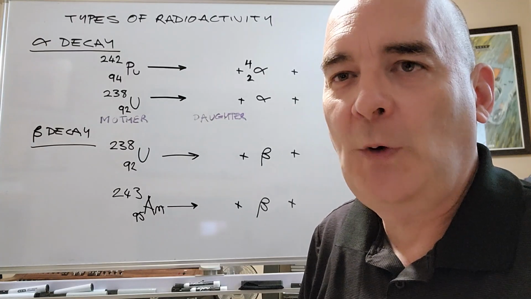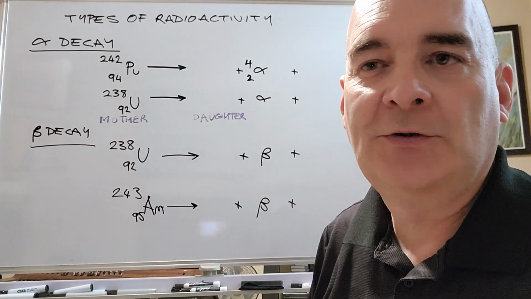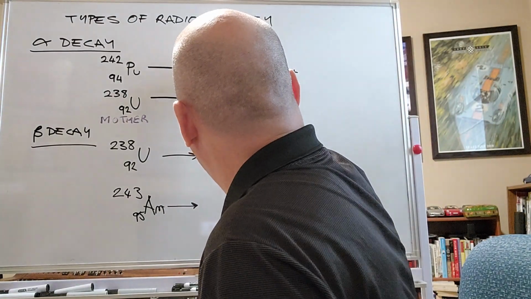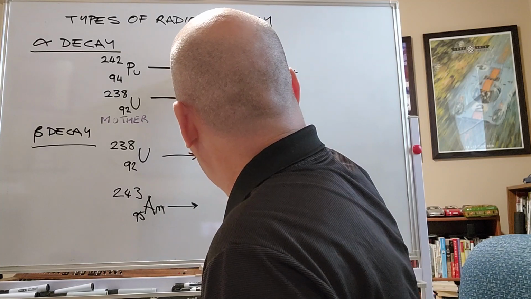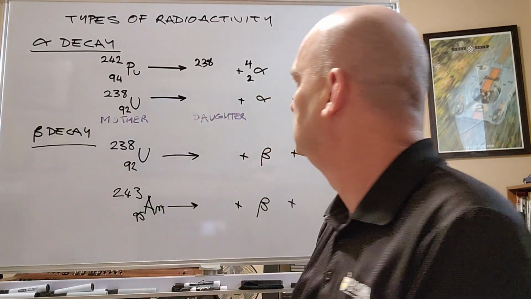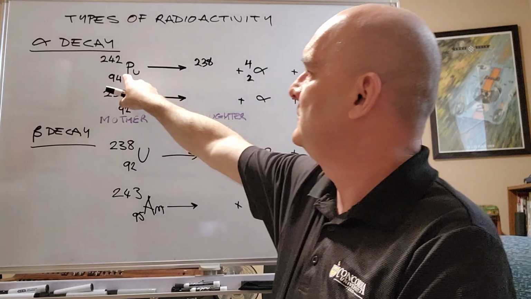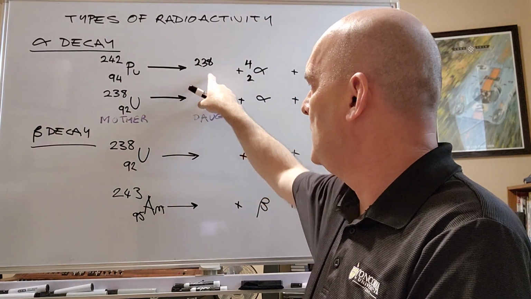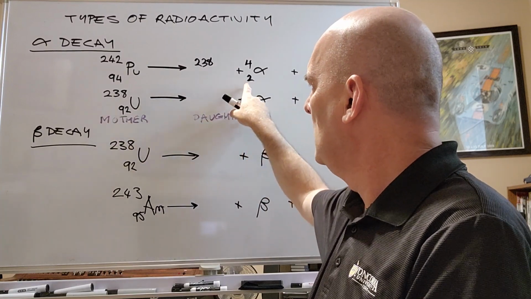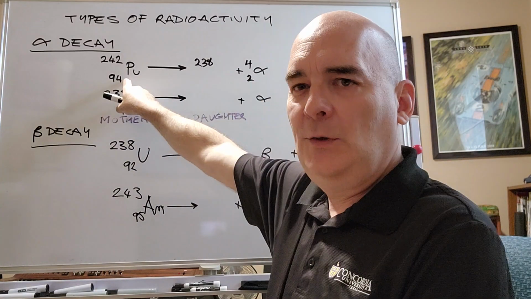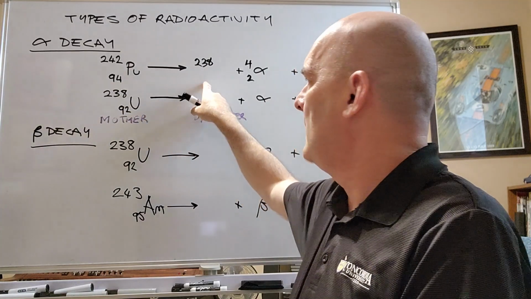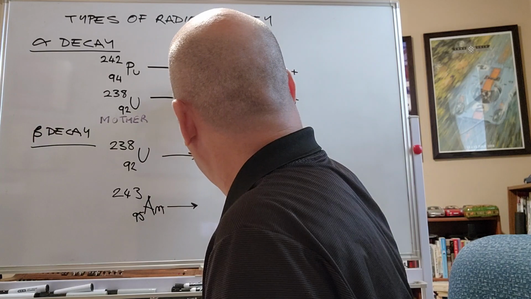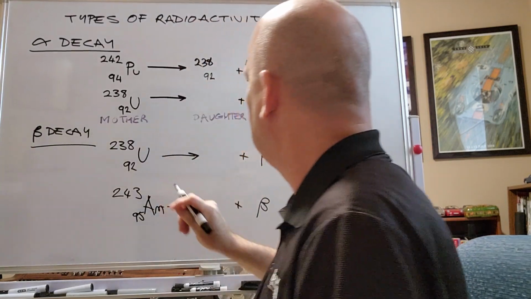So that number gets to be 238. And then the number at the bottom, which matches the atomic number for whatever our unknown daughter is, when you add 2 to it, equals 94. So a number that when you add 2 to it equals 94 gets to be 92.